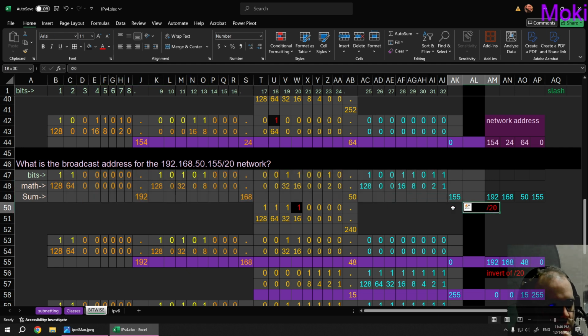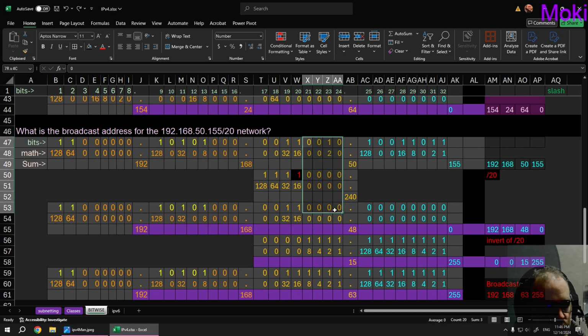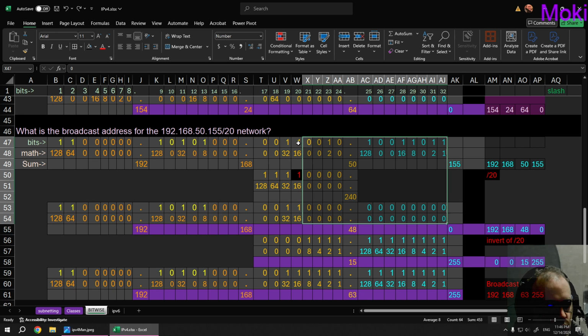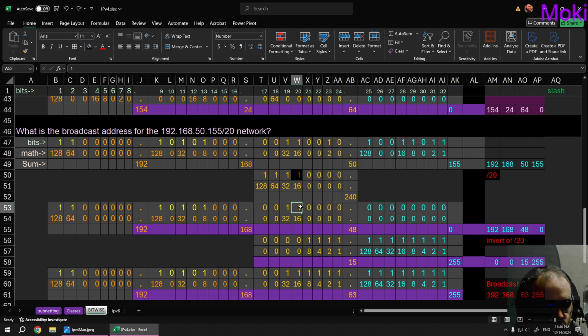And you have a /20. Go here, here's the 20 bit. Probably just ignore this number. Let's just delete that so you don't get confused. This is not important. All these are zeros. Zeroed out. 1 and 1 is 1. 1 and 1 is 1.